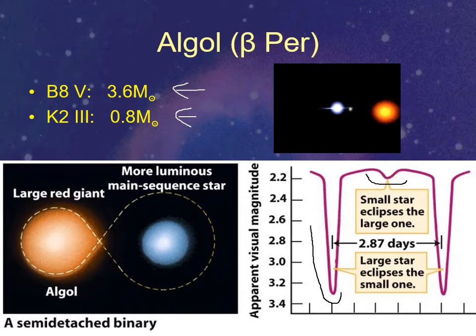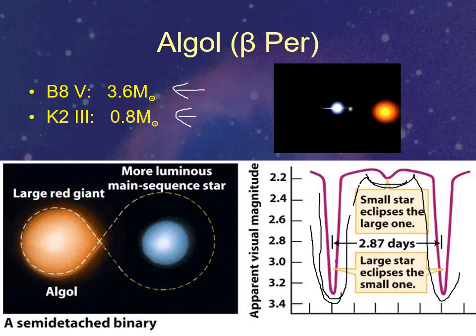So you get a light curve that looks like this: it gets really dim when the red giant passes in front of the B star, and then a little bit dimmer when the red giant passes behind the B star. And then it gets dim again as it passes by.